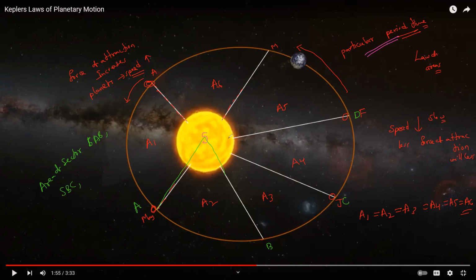Then the area of sector SCD. All are equal. Understanding? So the area of SAB is equal to the area of SBC is equal to the area of SCD. That is called Kepler's second law.